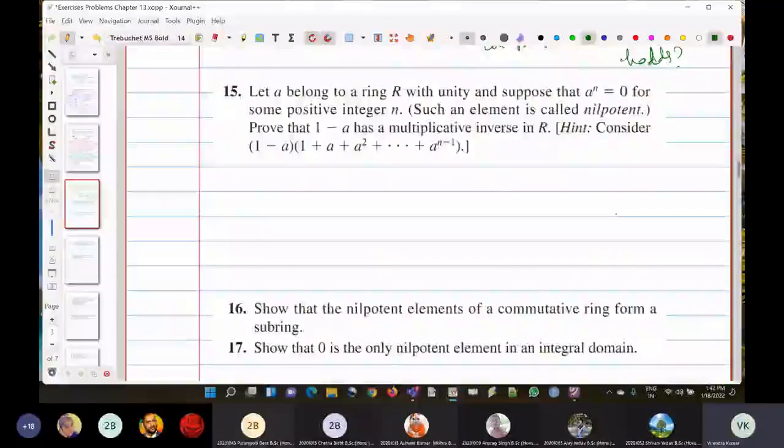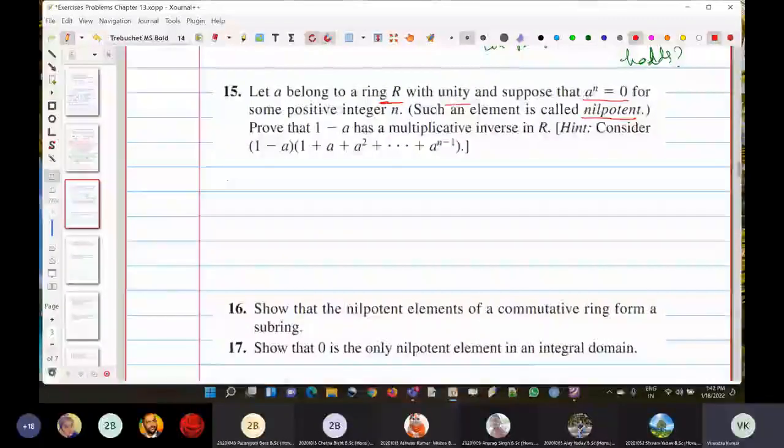Question number 15. There is a hint. So one thing here, they are using a nilpotent. So a belongs to a ring R with unity, and suppose that a to the power n is 0 for some integer n, and such an element is called a nilpotent element.